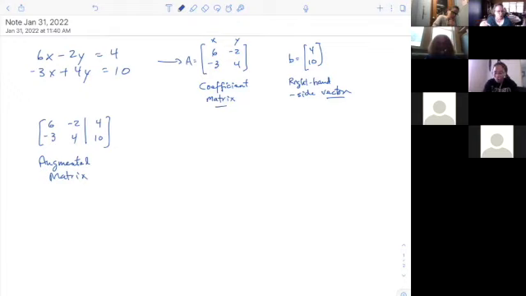But you'll be told this is an augmented matrix or this is a coefficient matrix, and which one of those it is will matter. But for now, we'll keep it simple. We'll just start off with this augmented matrix, and that's what we're going to deal with. Basically all we've done is a shorthand version of that system of equations.